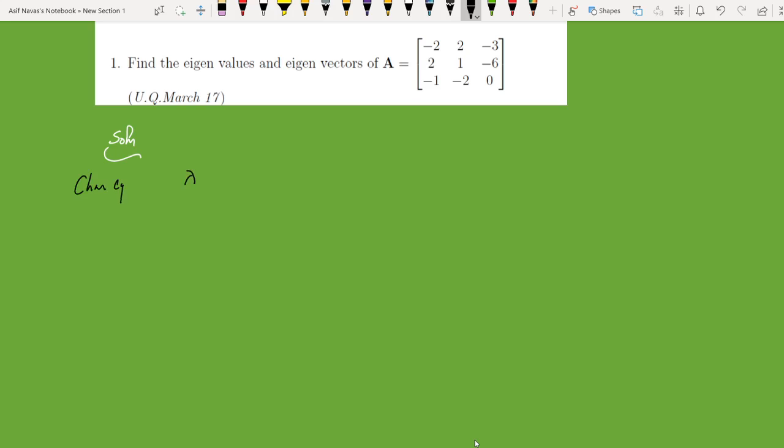By the shortcut method, the characteristic equation is lambda cube minus trace of A lambda square plus the sum of minors of diagonal elements lambda minus determinant of A is equal to 0.